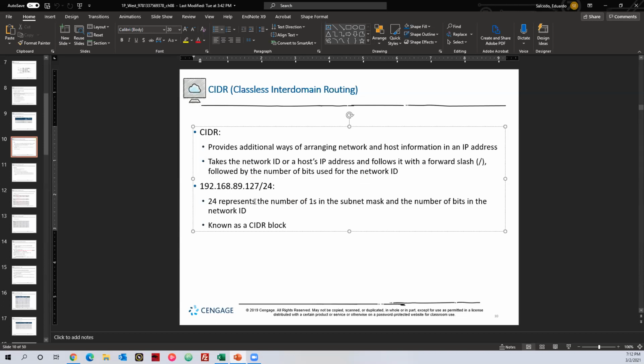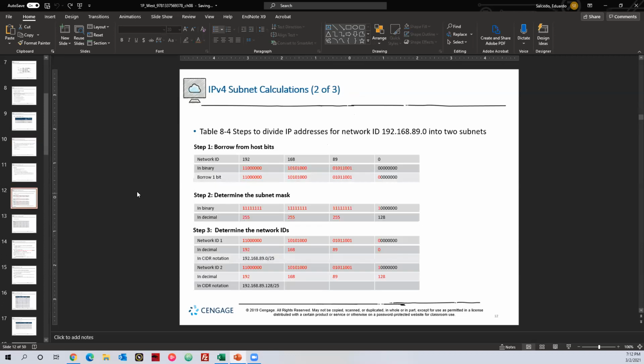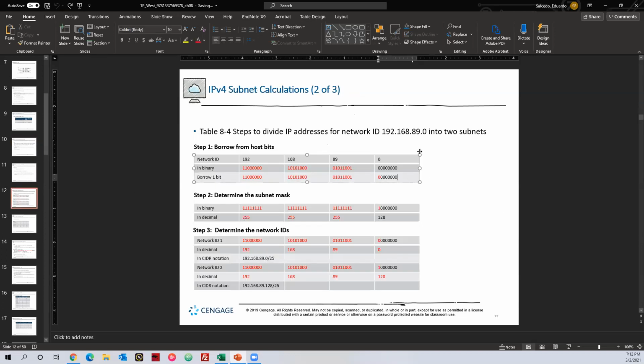look at this, we might have a change. So if this was, instead of a 24, a 25, then 25 bits, meaning, where is that chart? Meaning, oof, this is so small.